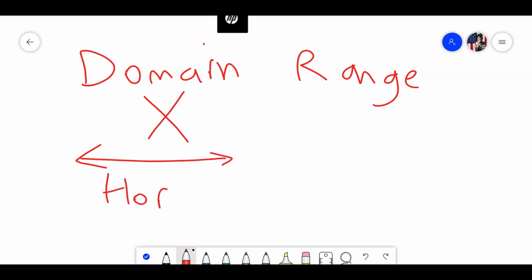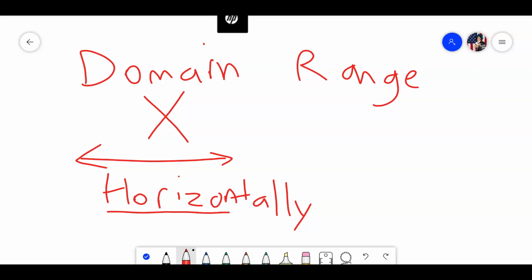So you got to know this. Horizontally, right? Okay, so domain is left to right. Always start from the left to the right, like you're reading. And that's what horizontally means. And it's x, like the horizon. All right, now range is what?